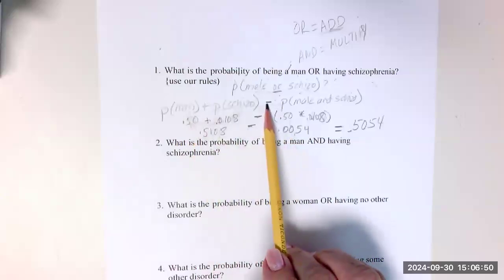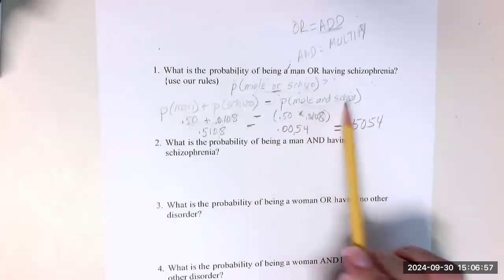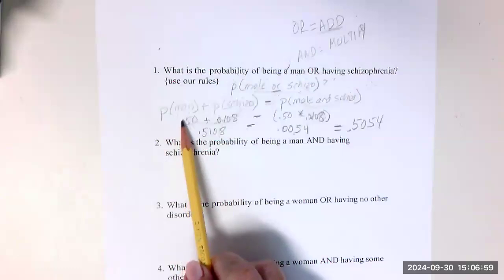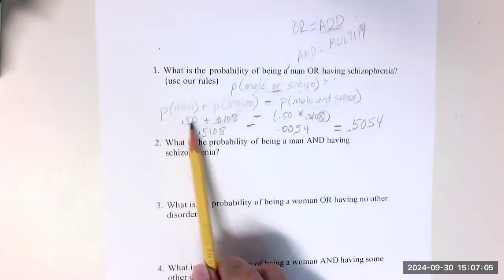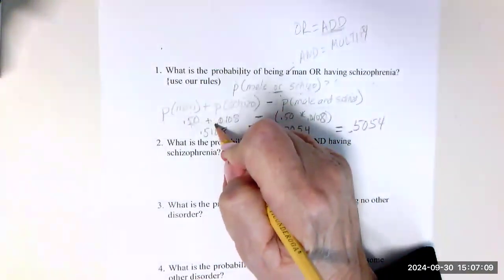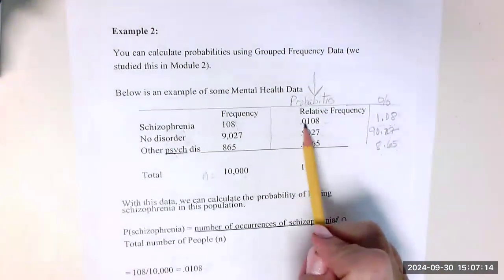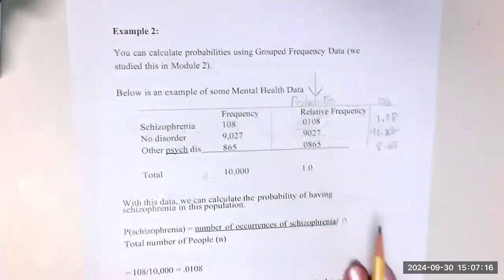So we're going to subtract out the probability that they did happen at the same time. So here's how it plays out. The probability of being male is 0.5, which is the same thing as 50% in relative frequency terms. The probability of having schizophrenia from our data, remember, is right here, 0.0108.